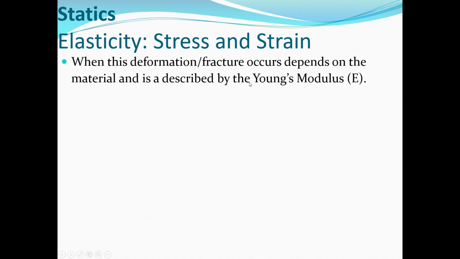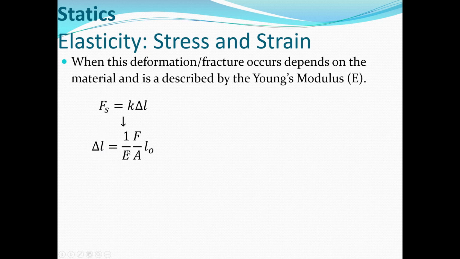Now, when we start talking about elongation for non-spring objects, we're going to use what's called Young's modulus. You can think of this equation as essentially being like Hooke's law for non-spring objects. So our variation on the equation ends up being this. We have delta L, which is our change in the length of the object.